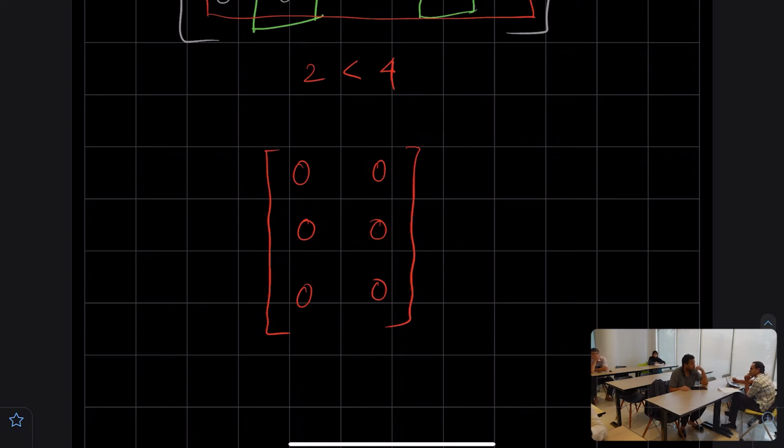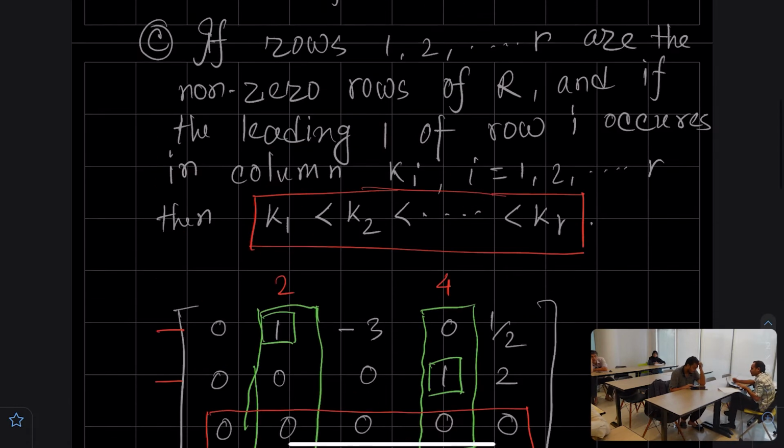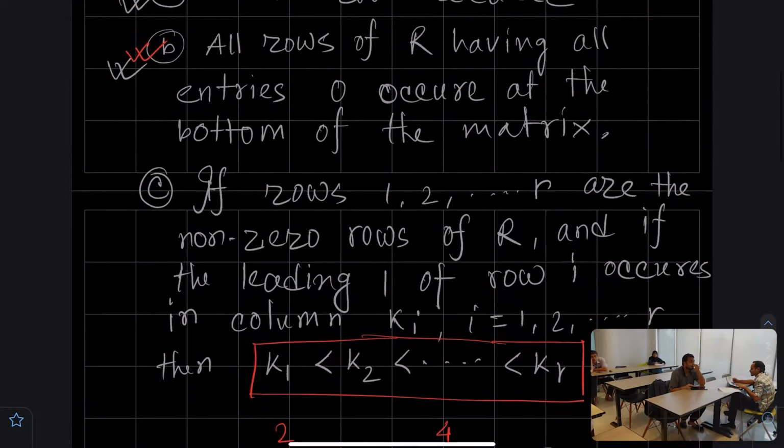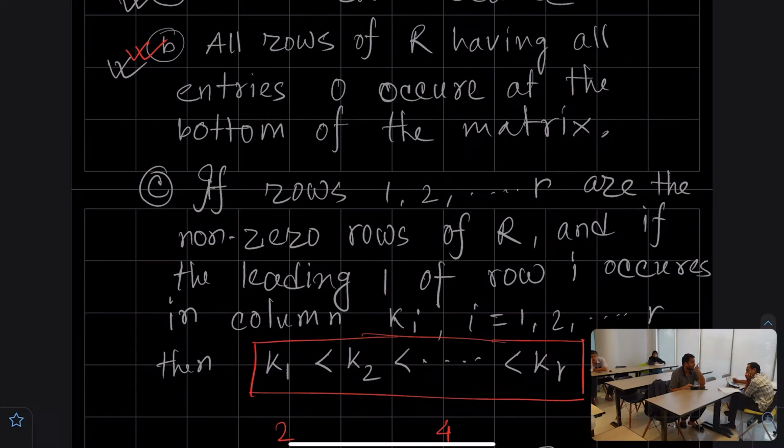It is not row reduced. Can you elaborate? Because there is no leading one. But what is the definition of a row reduced matrix?